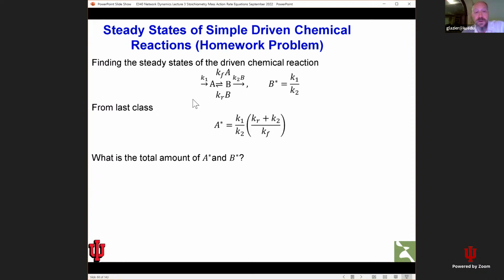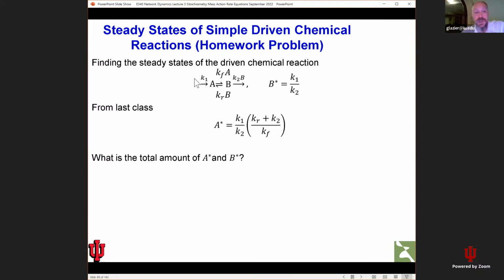And then what I need to know is how much do I have to modify that by? This is now given by the following. I have to look at what's happening to B. B has K2 being taken out and KR being taken out, so I have KR plus K2.